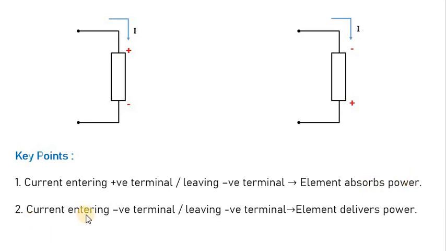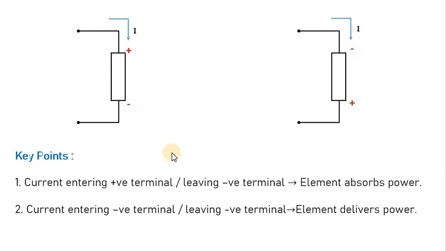And if it is entering the negative terminal or leaving the positive terminal, the element will deliver the power. This is how we say if an element is absorbing or delivering the power.